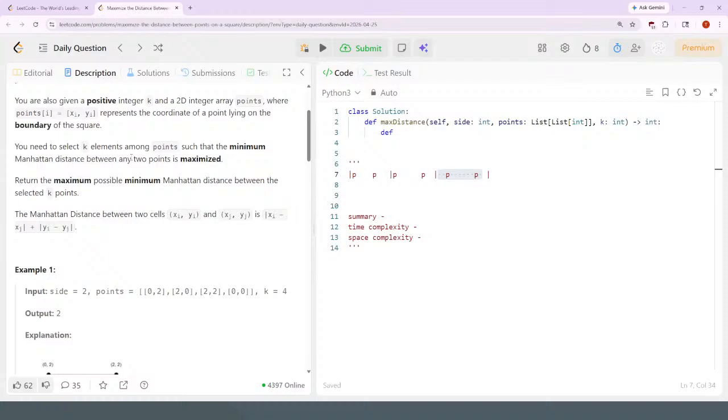I mean, could I just form a graph? Could I form a graph where every point connects to every other point? Does it make sense to do that?